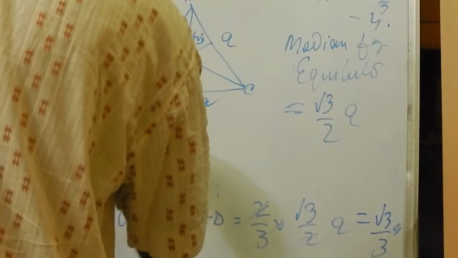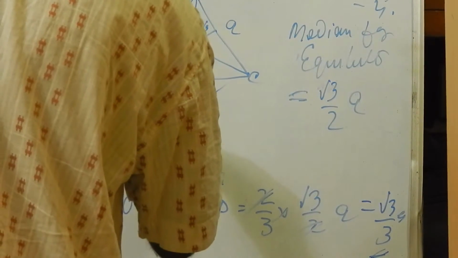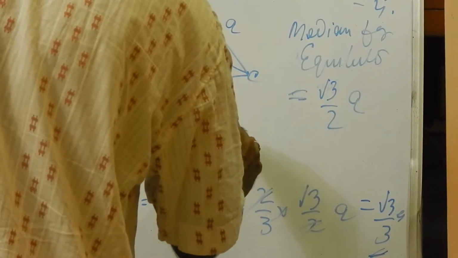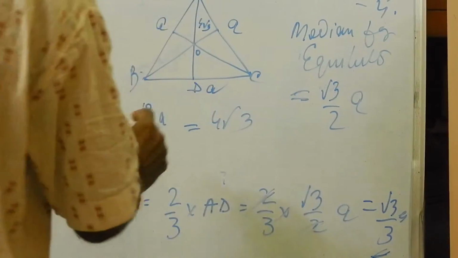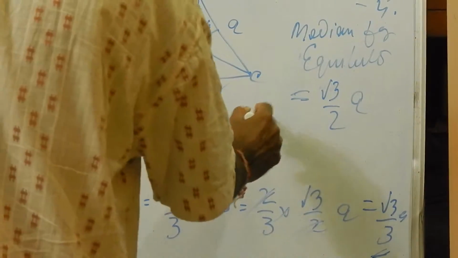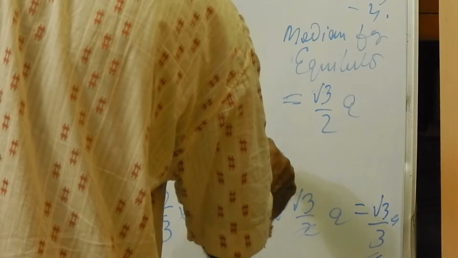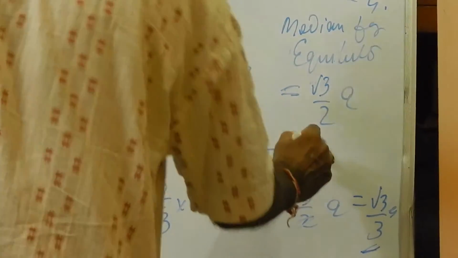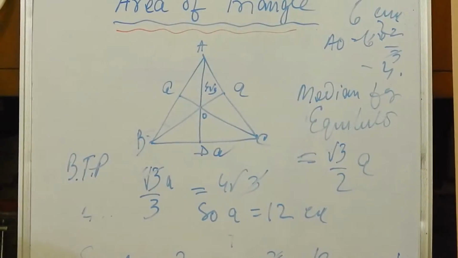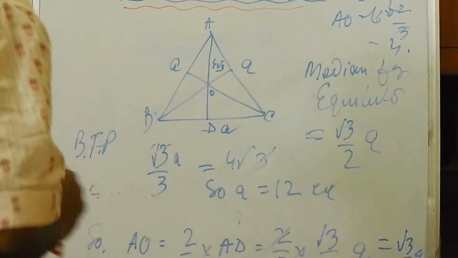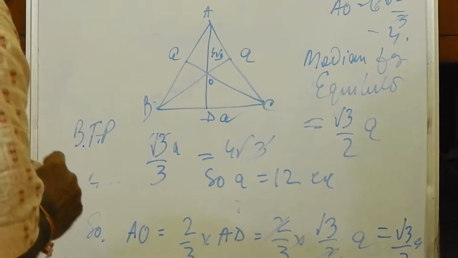So root 3 by 3A equal to 4 root 3. So A equal to 12 centimeter.